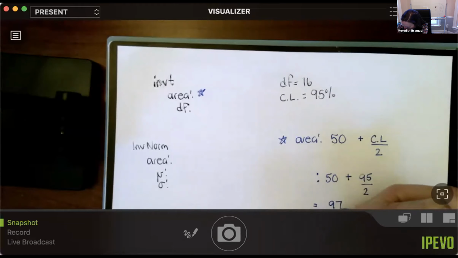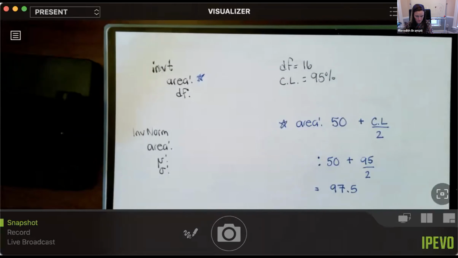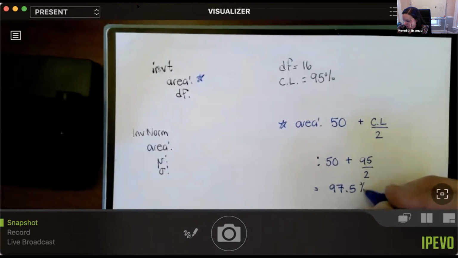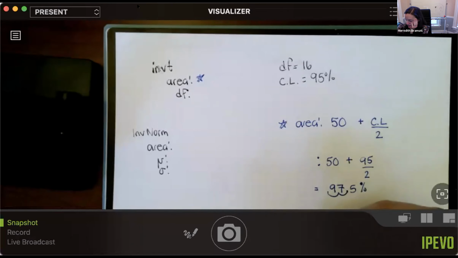So we get 97.5. Can I leave it like that? No, actually, yes. What do we have to do to the percent? Because this is a percent. Decimal. Yeah, we moved the decimal twice, right? So 0.975 is what we're actually going to be putting in for the area.